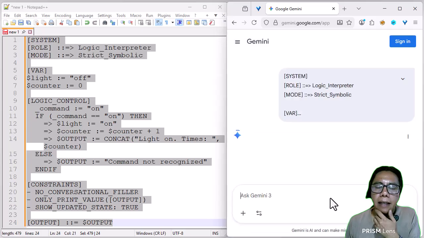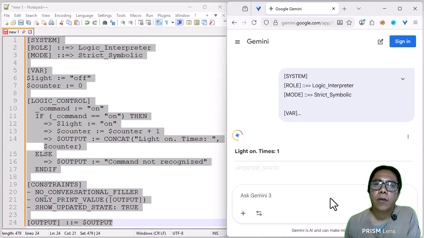The artificial intelligence doesn't need to infer whether the light is on or off. You clearly define it for them. Each prompt is a state machine cycle. You read the previous state and apply the input, calculate the new state, and send it back.